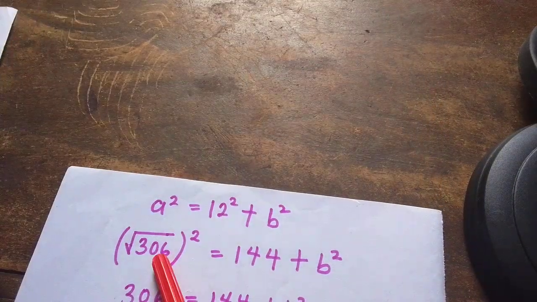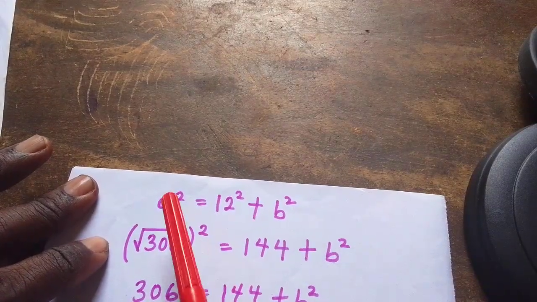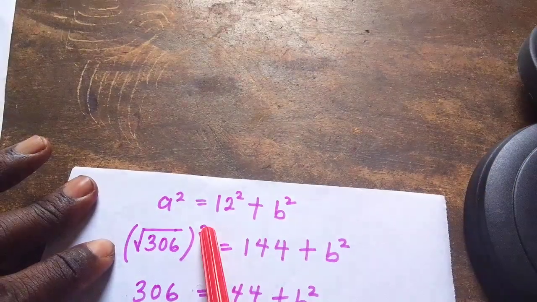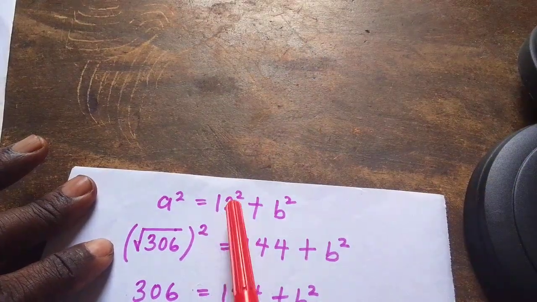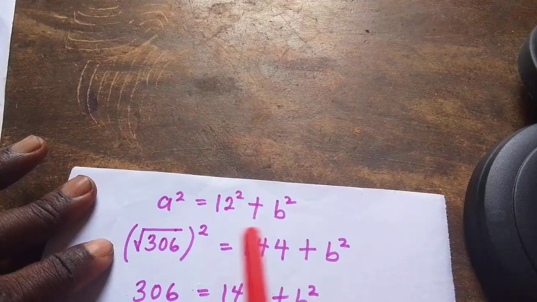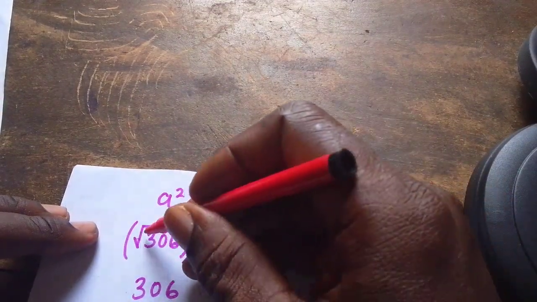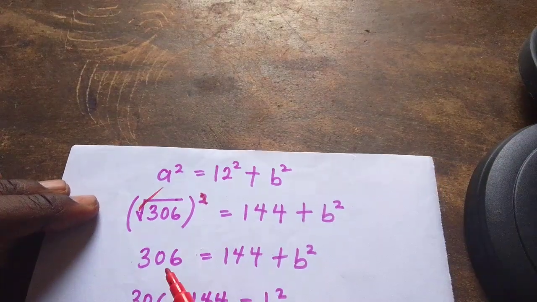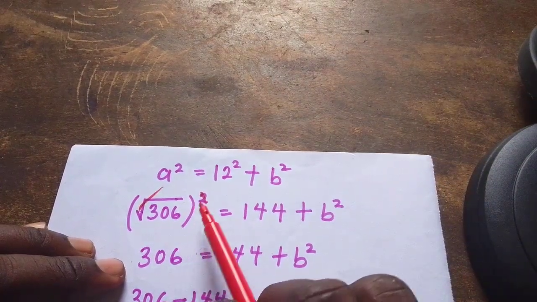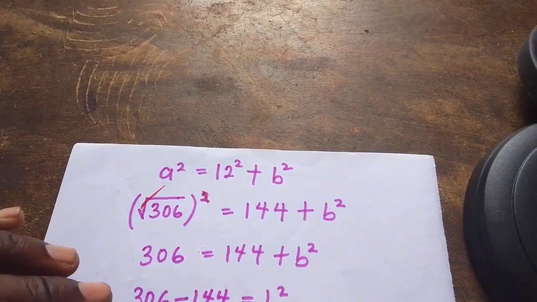So I'm going to substitute root 306 here, squared. So our a is root 306, then squared, is equal to 12 square which is 144 plus b square. Here we can easily cancel the root with the square, so that you now have 306 left.